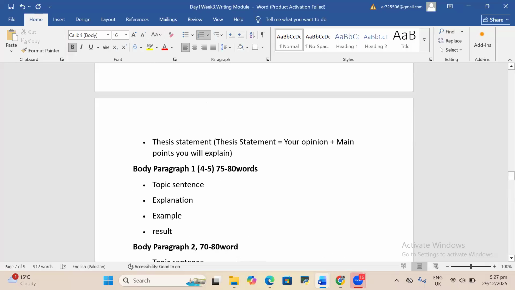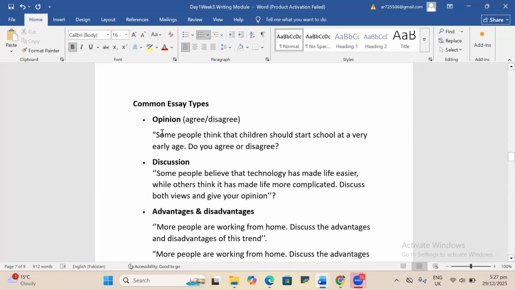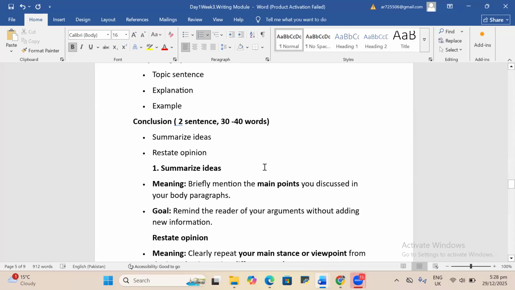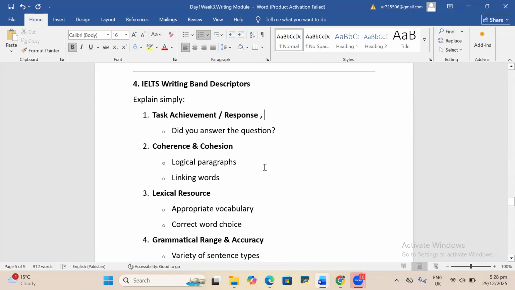For example, here we have an opinion essay: some people think that children should start school at a very early age. If you give an introduction, explain your agreement and disagreement in the first and second paragraphs, and give your opinion, and you describe each thing relevant to the essay, this counts as your task response.